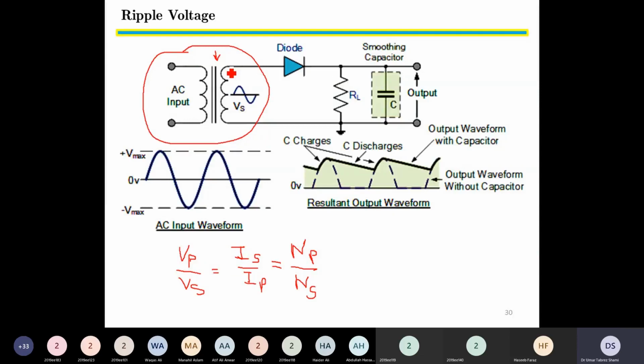So this transformer producing AC output voltage is then provided to the diode. The diode sees a capacitor and a resistance RL. The advantage of using the capacitor is that now we see this thick black line. This thick black line is the output of the DC rectifier using a capacitor.